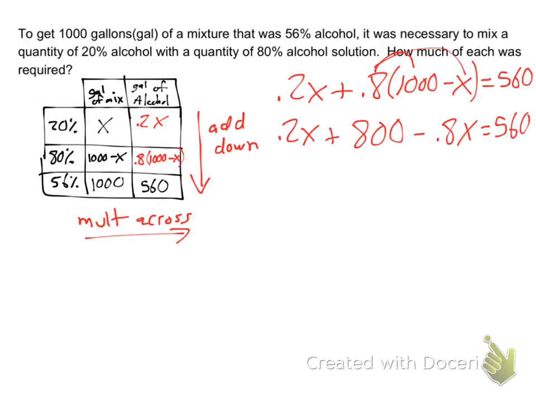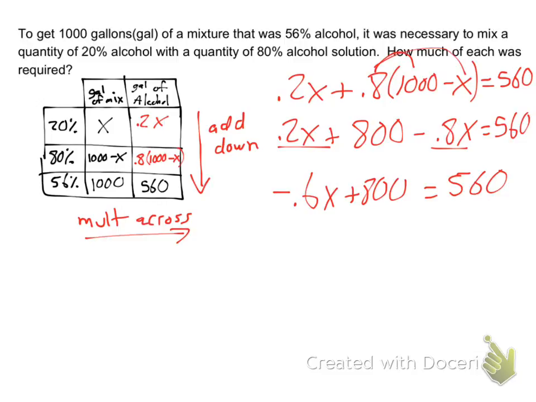If I gather up like terms, 0.2X minus 0.8X is negative 0.6X, not changing anything else.